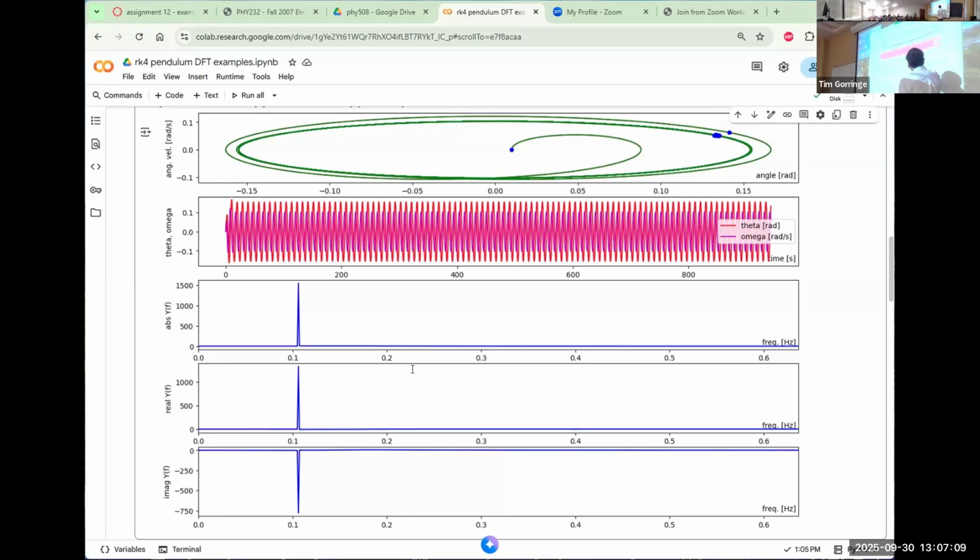And so you see that probably most clearly in the Poincaré section, phase plot, right? In the phase plot, the initial transient is this sort of unusual curve. It starts at this location here, the initial coordinates of the pendulum. But after some period of time, after the transient, you're basically going around this inner oval here.